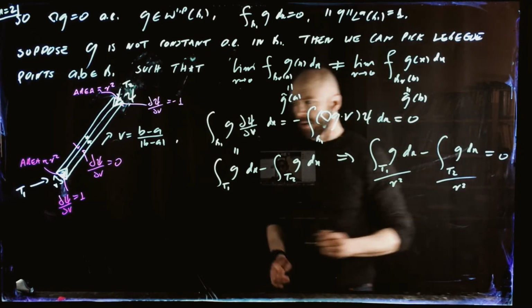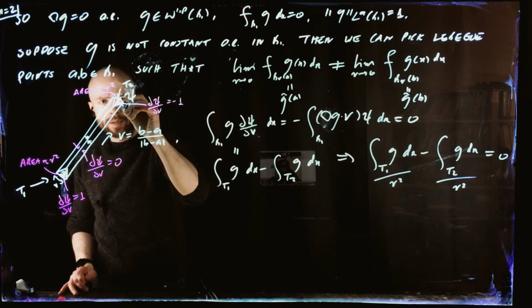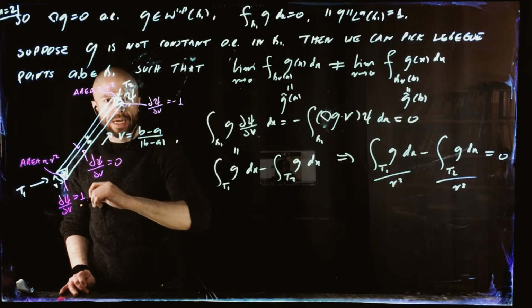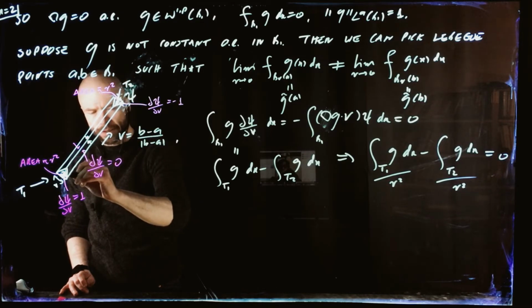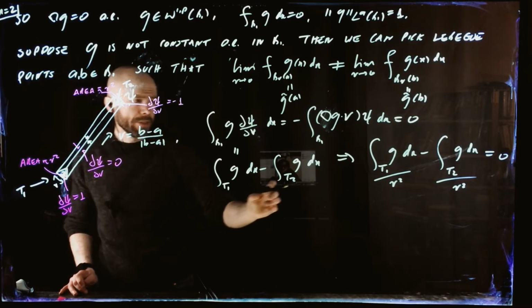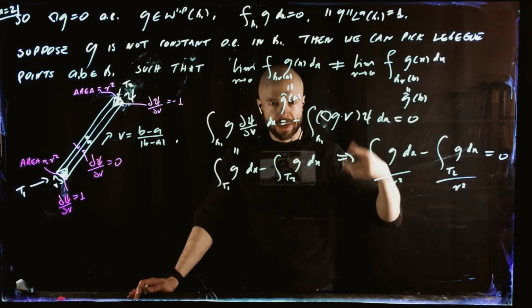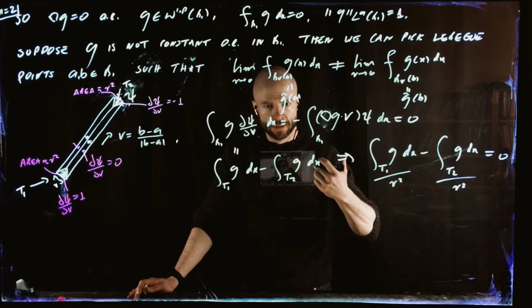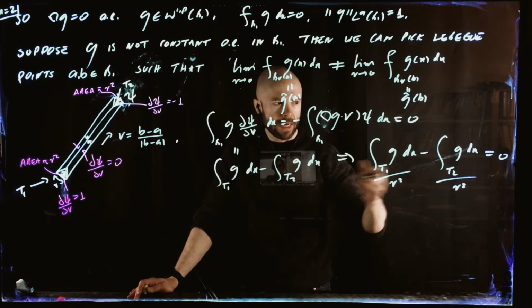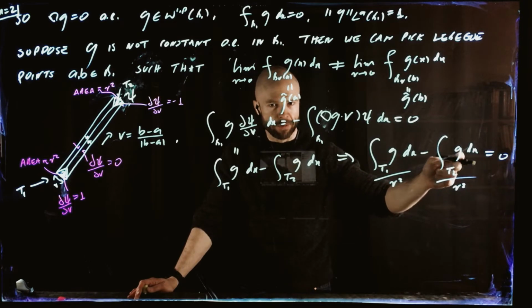But if we set this up so that the center of this triangle is exactly point B, and the center of this triangle is point A, then this thing is controlled by the average of the ball of radius 2r on A. And so is this thing controlled by the average of the ball of radius 2r around B.